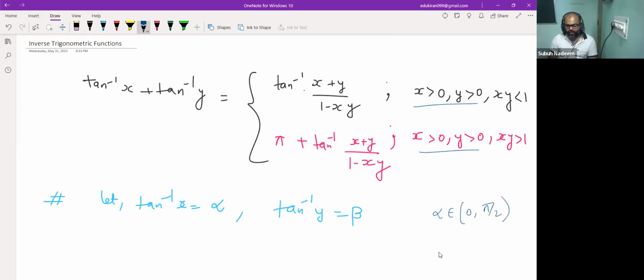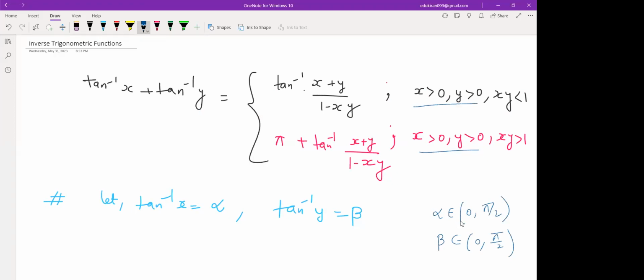And tan inverse y will give you beta, which will belong to 0, pi by 2. So this is the condition here.